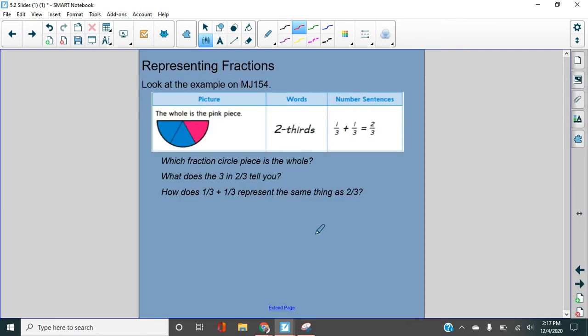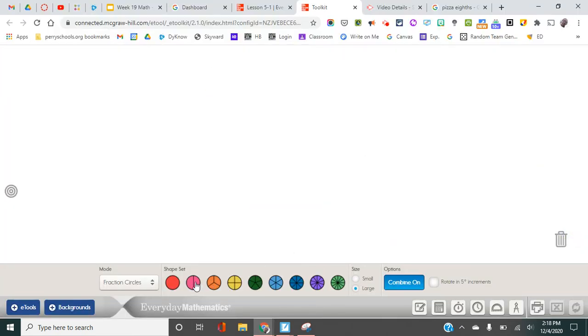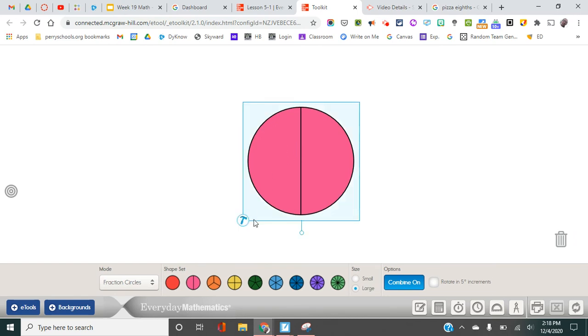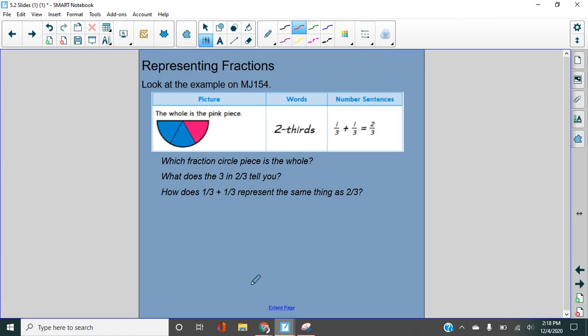All right, let's take a look at the example on Math Journal page 154. Okay, so here is the picture. The whole is the pink piece, right? And so you've got these and access to all of these, so you'll want to have those out. The whole is the pink piece. So what are we going to do?